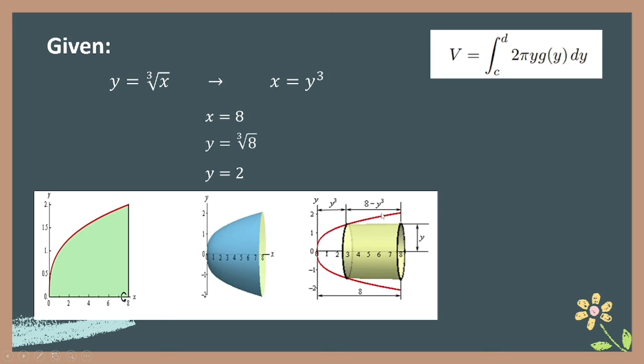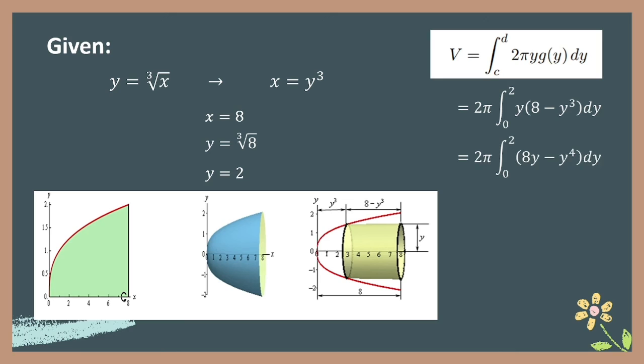And then we have to substitute the given values. So we have 2 pi integral from 0 to 2, where our y equal to 2 here is our limit of integration, and we have y times 8 minus y cubed dy. Because our y cubed is this graph here, and our x here is equal to 8, so we just subtract: 8 minus y cubed dy.